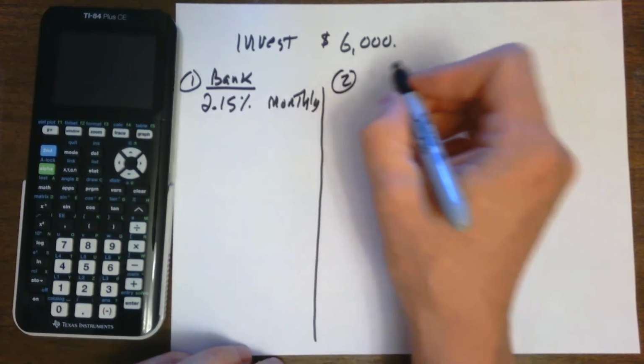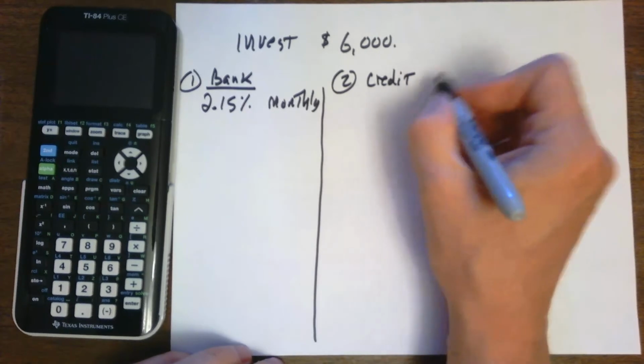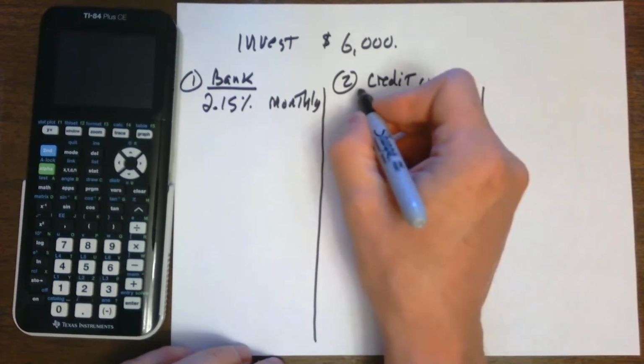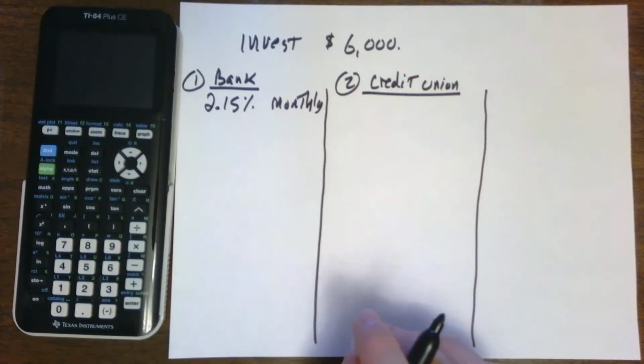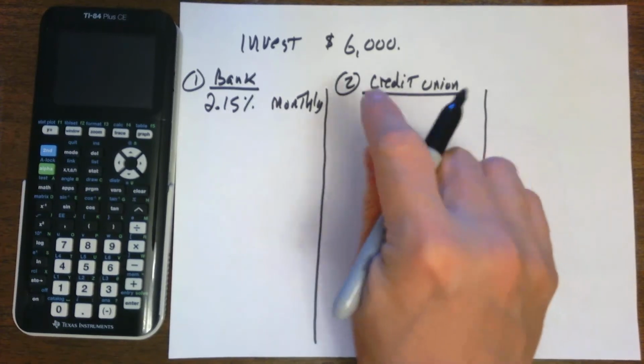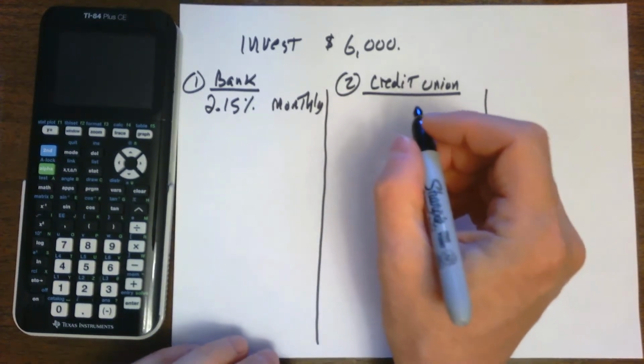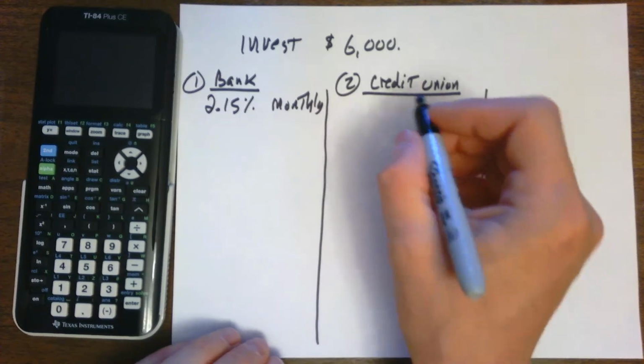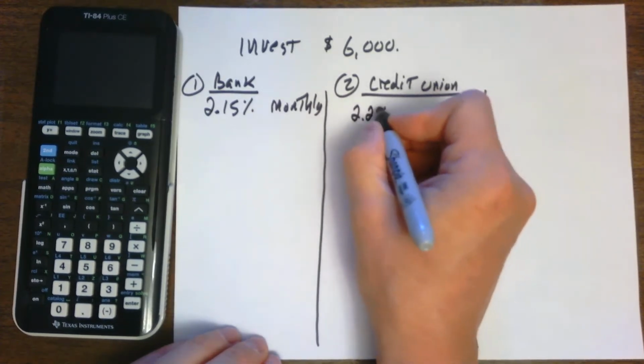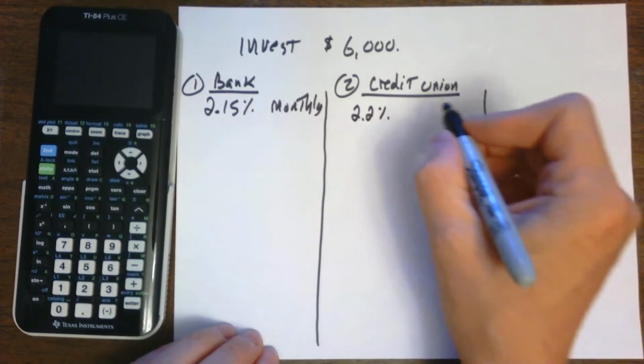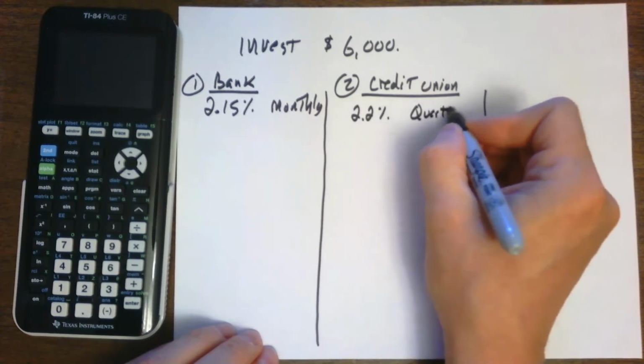The second place I go is a credit union. Now, the credit union says that they'll give me a better rate than that. They're going to give me 2.2%, but it's only going to be compounded quarterly.